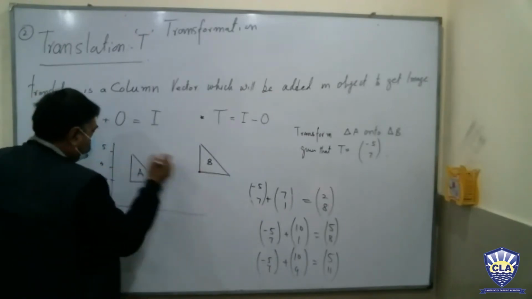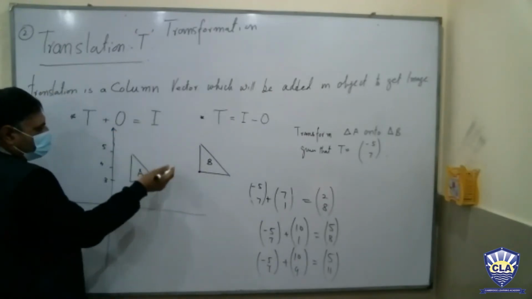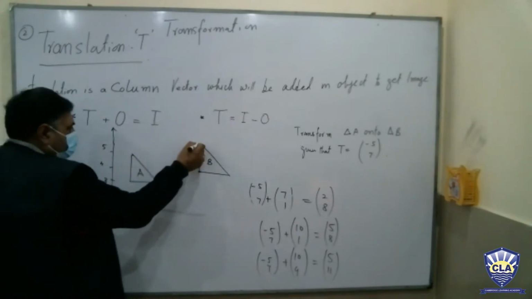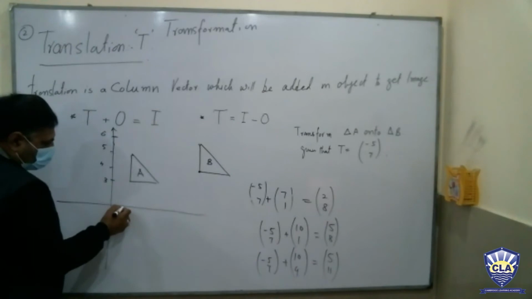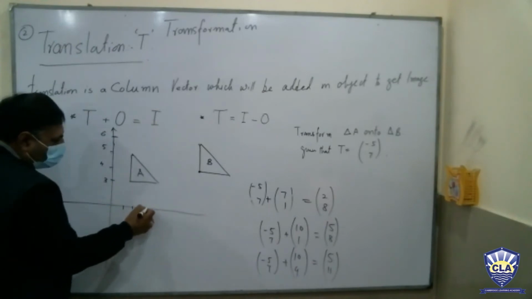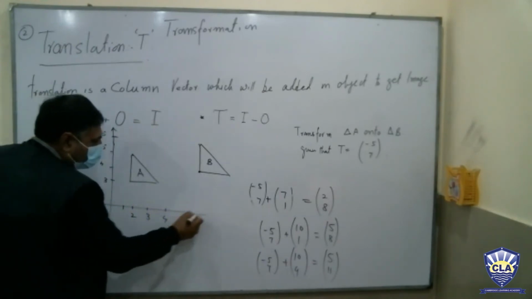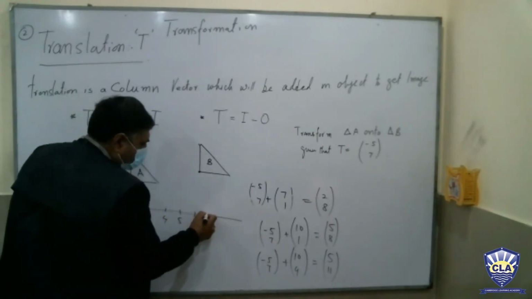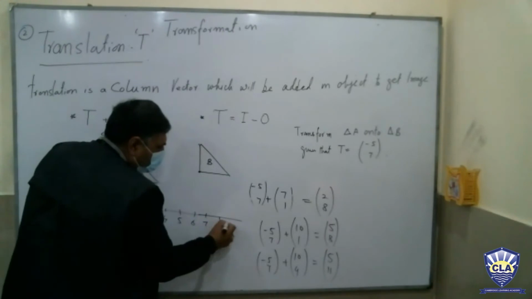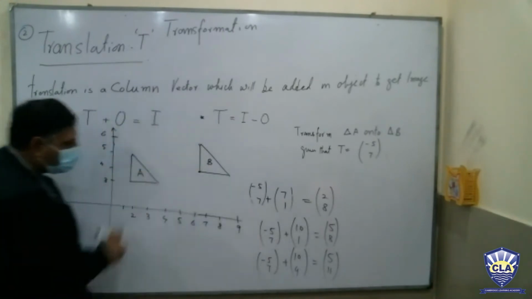It is 4. And 6. Transform the triangle 2, 3, and 4. 5, 6, and 7, 8, and 9.